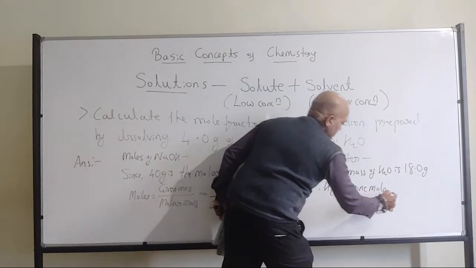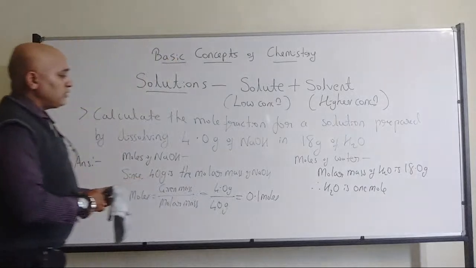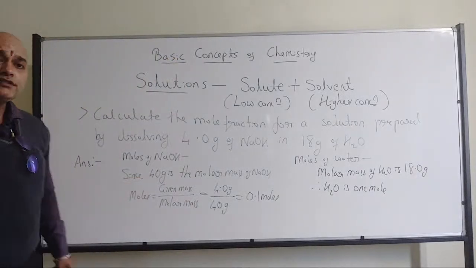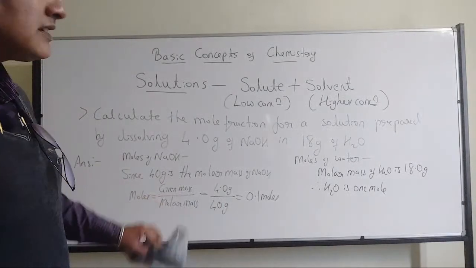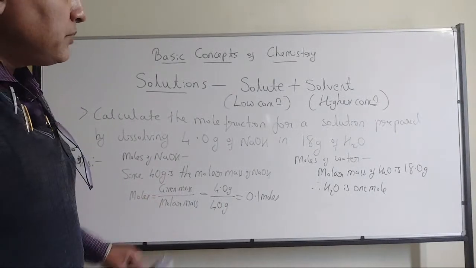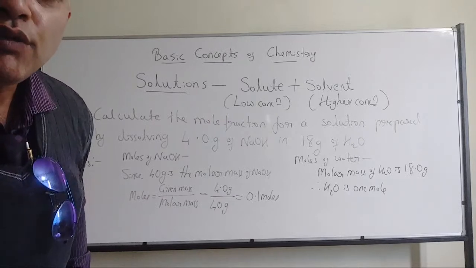Whatever given mass is corresponding to 1 mole of water. All of you will agree? So when it comes to sodium hydroxide, it is 0.1 moles. But when it comes to water, it is 1 mole.